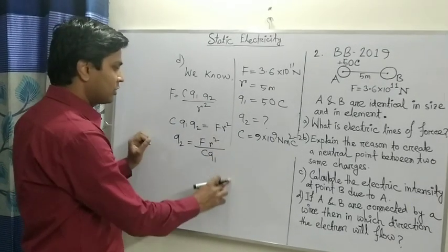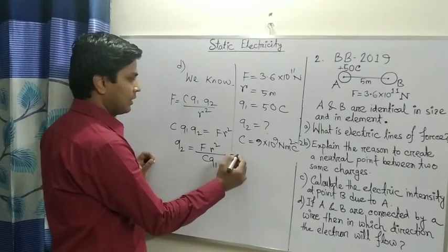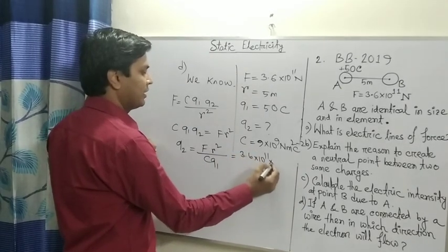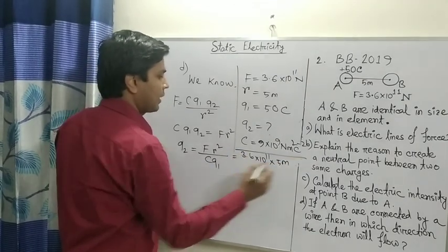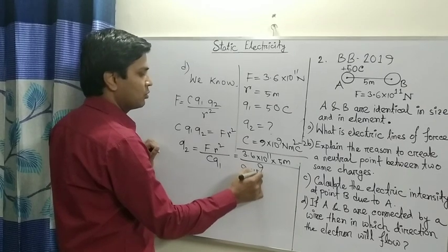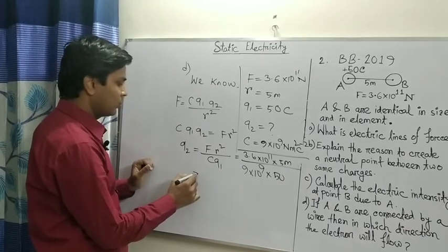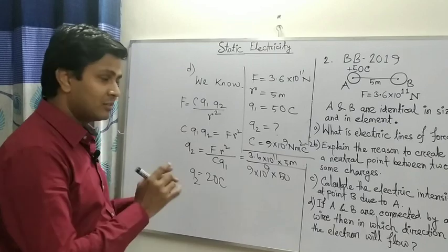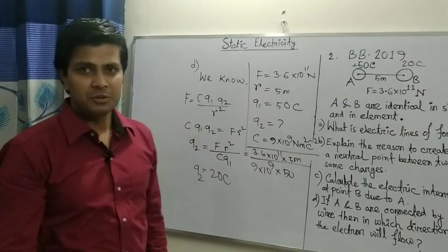Now if we put the value of F, R, C and Q1: F is 3.6 into 10 to the power 11, the distance between the two charges is 5 meter, the Coulomb constant is 9 into 10 to the power 9, and the first charge is 50. After calculation we will get the second charge: the first charge is 50 coulomb but the second charge is 20 coulomb.